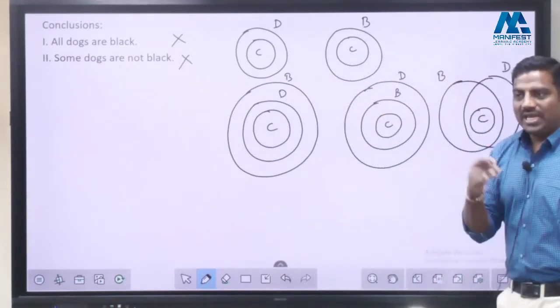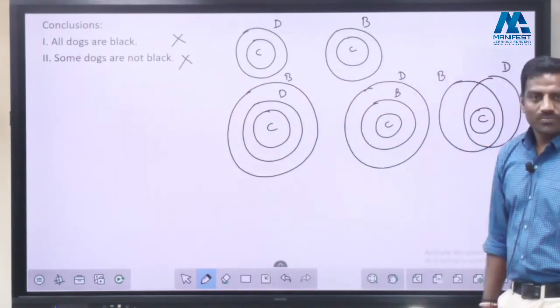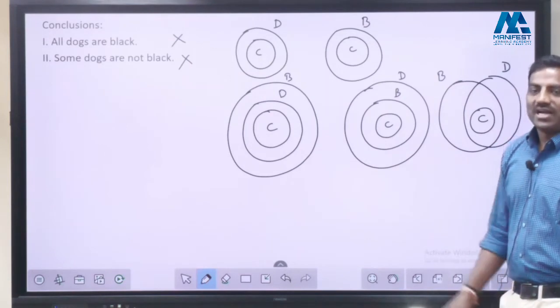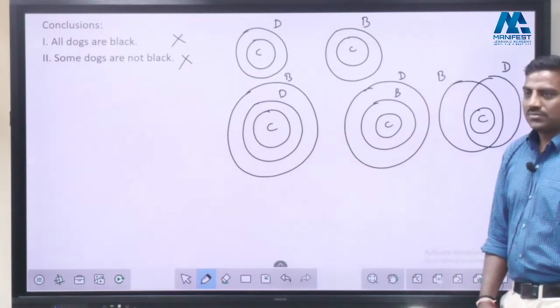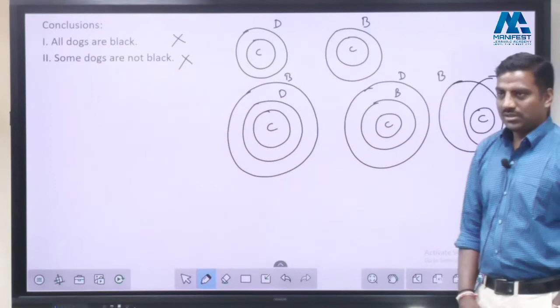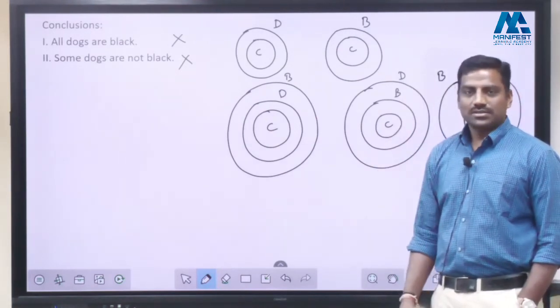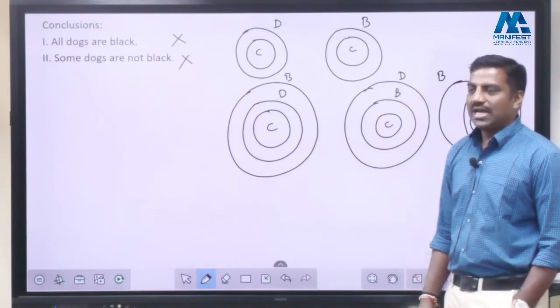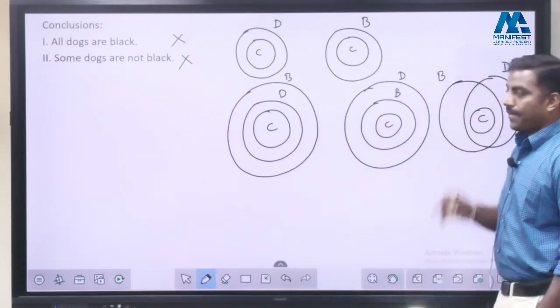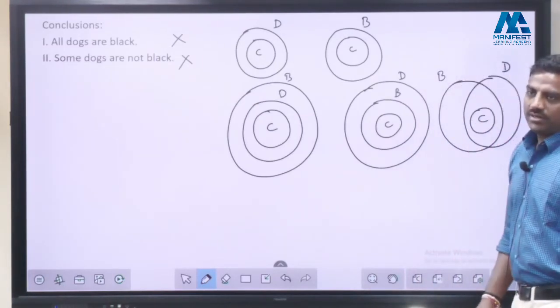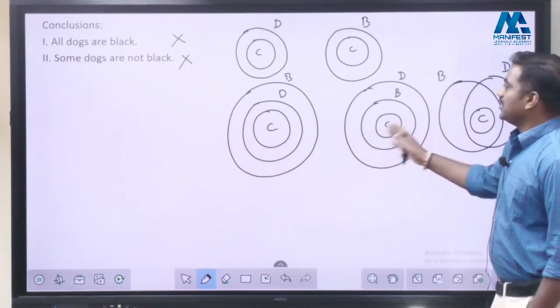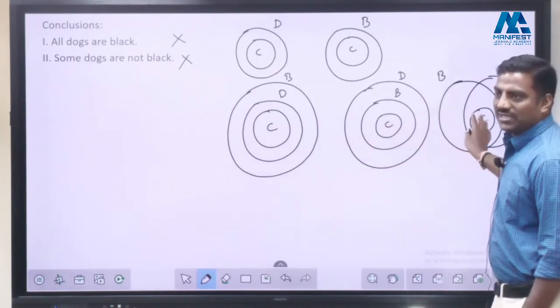So our main aim is to what? Discard. Or not to draw the conclusion. If at all we are drawing the conclusion, it has to be right in all the cases. Right in all the diagrams. Done? Yeah. Any confusion here? This is like higher level of imagination.